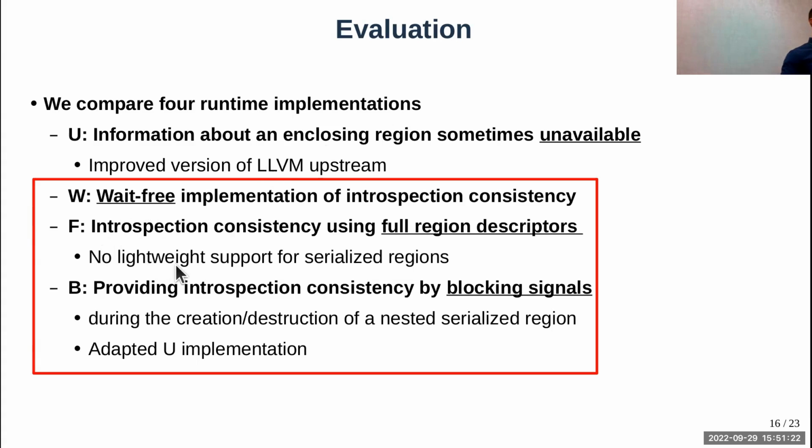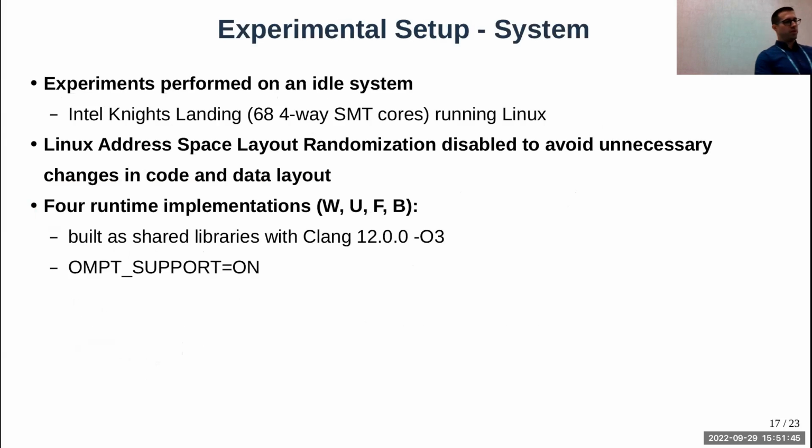The F version removes lightweight teams from the story and uses full heavyweight descriptors allocated on a heap. And the last one is the B version, which is just an adapted U implementation that blocks signals while a thread is entering or exiting the nested region.